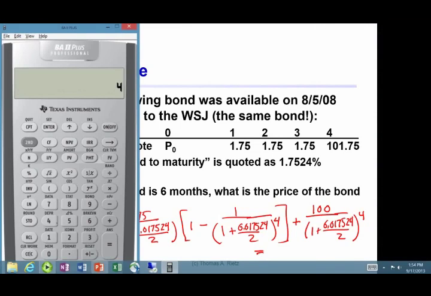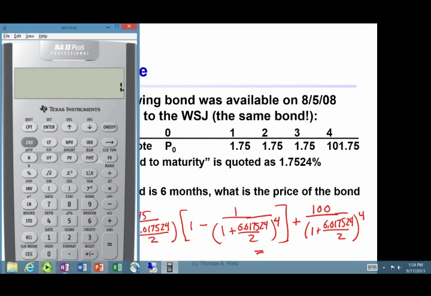So this is a 4 period, n is equal to 4, bond, with payments of $1.75 every 6 months, plus an additional face value payment of $100, the future value 100. The interest rate in decimal form is 0.0175.